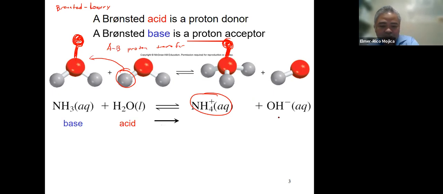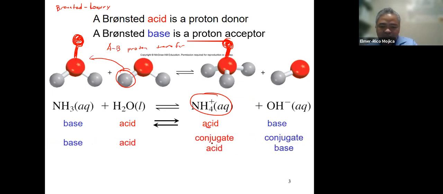But before we go on to that, there's also an additional term that we have here. The one that accepts the hydrogen, when it forms, is the acid part. We call it the conjugate acid. Those that become deprotonated, since the hydrogen was donated, are what we call the conjugate base.